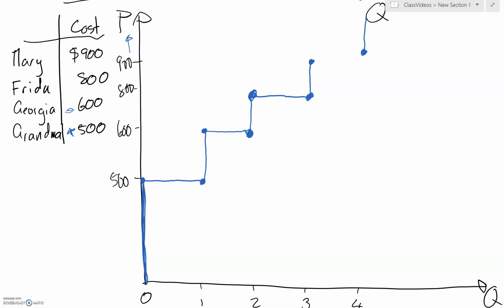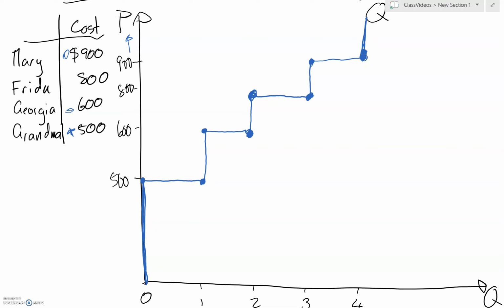And then, once we get to a price of $900, Mary is now indifferent between selling and not, so at a price of $900, we could get either a quantity of 3, where Grandma, Georgia, and Frida sell, or all 4 of them sell, in which case we're back to this point here. And as I said before, at a price above $900, everyone is going to sell their item.